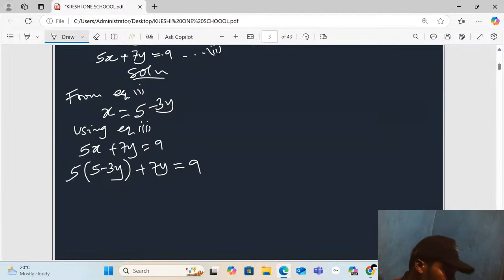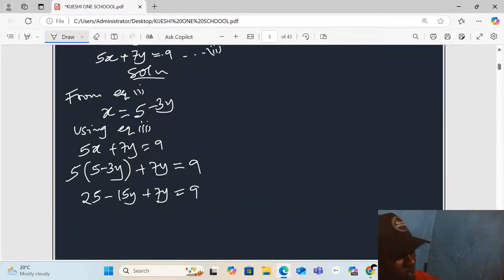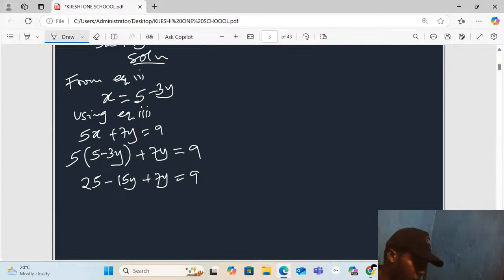Now 5 times 5, that is 25, minus 15y plus 7y, which is equal to 9. Up to there, you collect the like terms together.